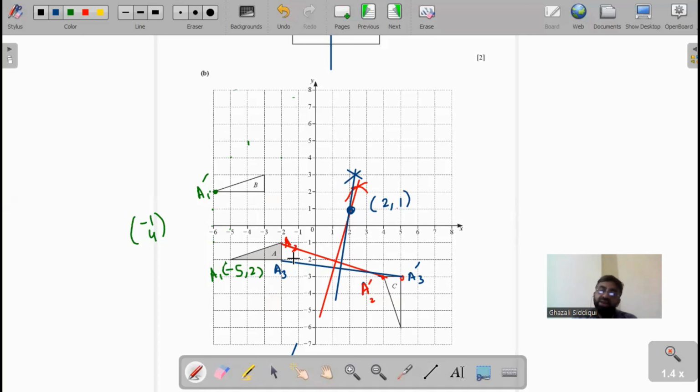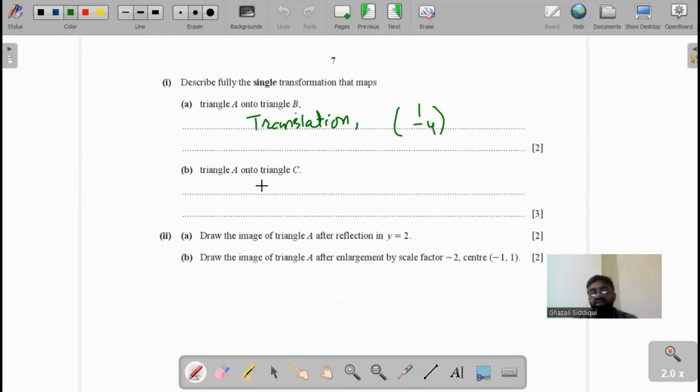To find the angle, we join A to the center of rotation, and we join to C. We see that the angle between A to C and A to C dash is 90 degrees, and it is in the anti-clockwise direction. Now we write it here, triangle A onto triangle C, rotation 90 degrees anti-clockwise.